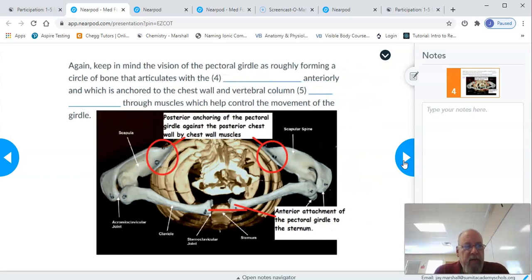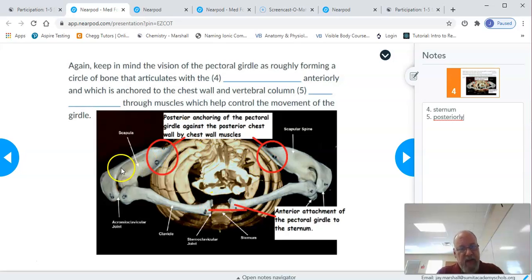Okay, so again, keep in mind the vision of the pectoral girdle roughly forming a circle of bone that articulates with the sternum anteriorly, and which is anchored to the chest wall and vertebral column posteriorly. And so again, notice the only attachment to the axis is through the small attachment to the sternum.